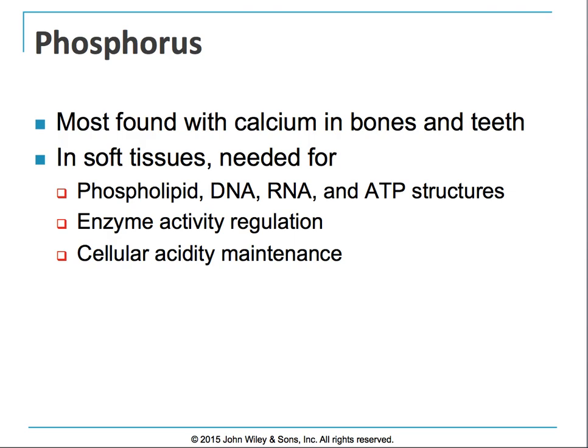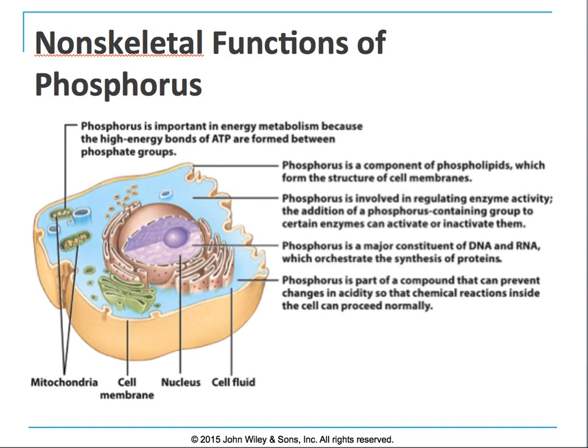Phospholipids have those water-soluble heads that allow them to make up cell membranes. Also DNA, RNA, and ATP structures. And ATP, if you remember, is the energy of a cell. Phosphorus is also used for enzyme activity regulation and cellular acidity maintenance.